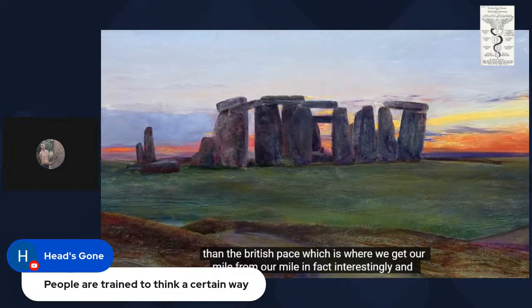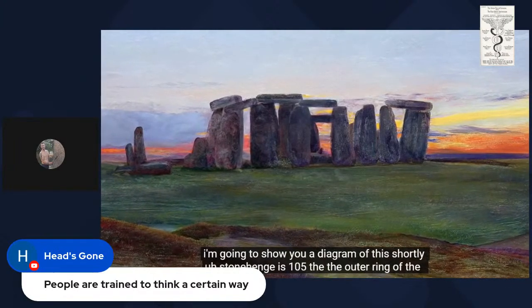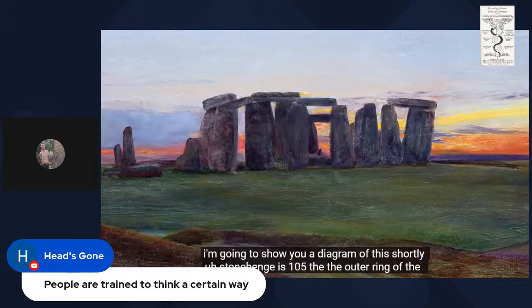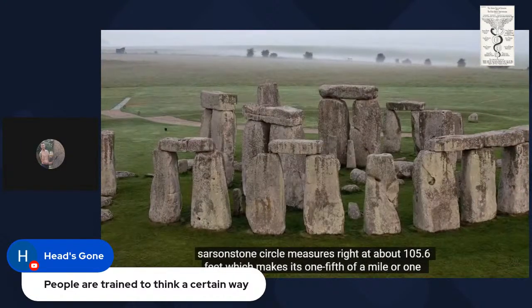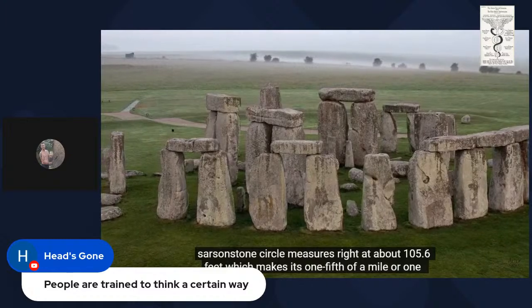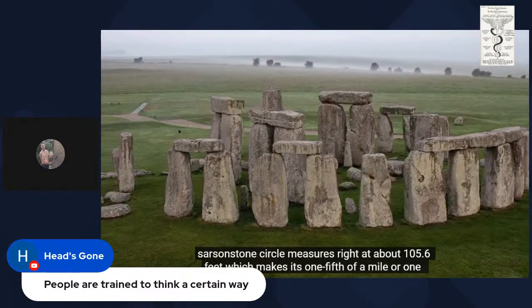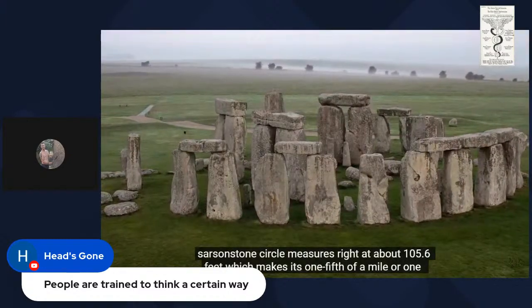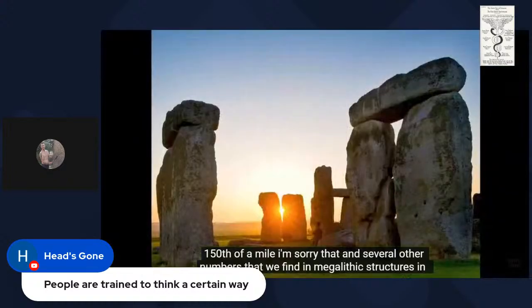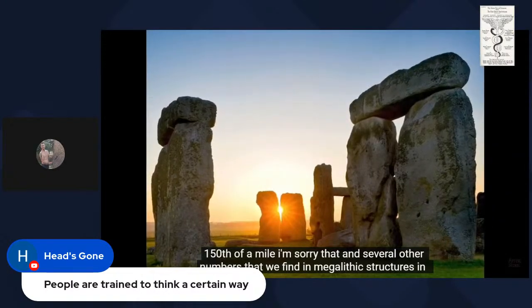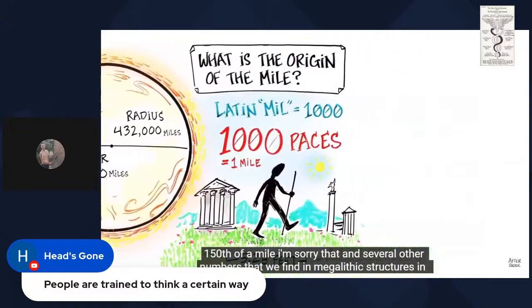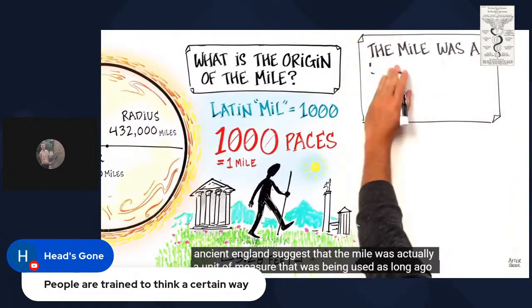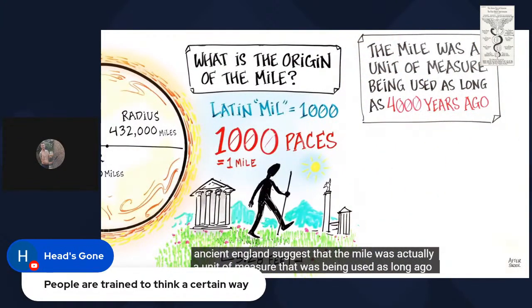Our mile, in fact, interestingly, and I'm going to show you a diagram of this shortly, Stonehenge: the outer ring of the Sarsen stone circle measures right at about 105.6 feet, which makes it 1/50th of a mile. That and several other numbers that we find in megalithic structures in ancient England suggest that the mile was a unit of measure being used as long ago as 4,000 years or longer.